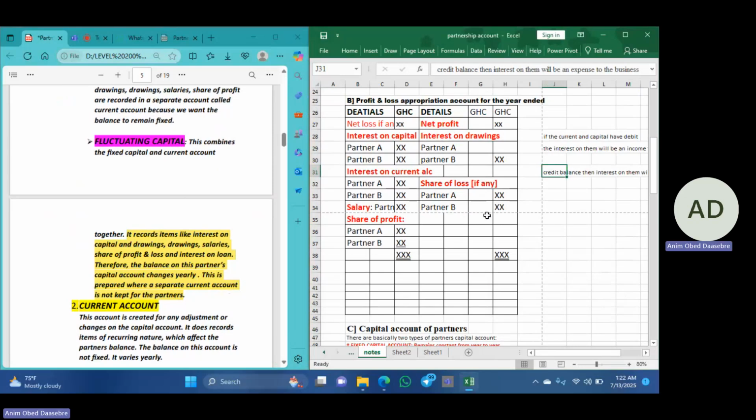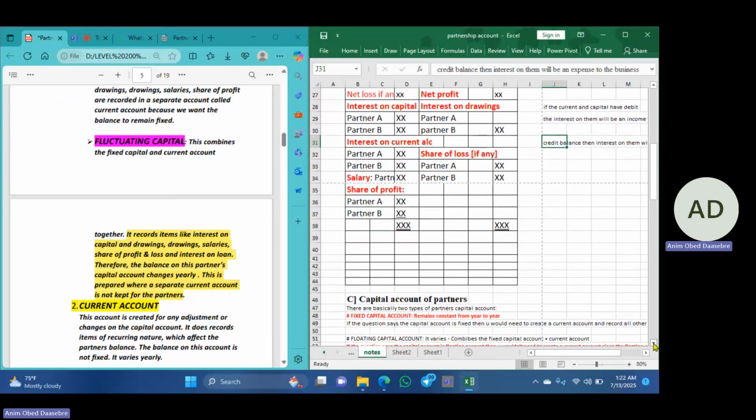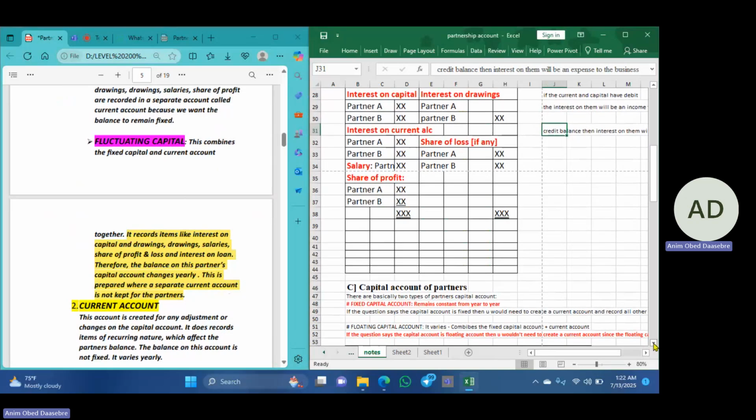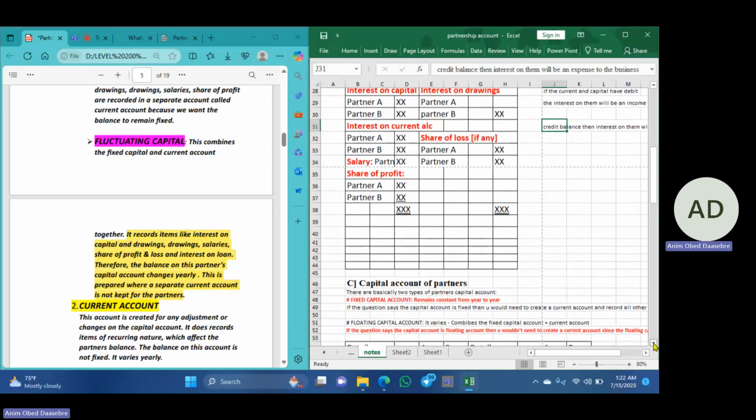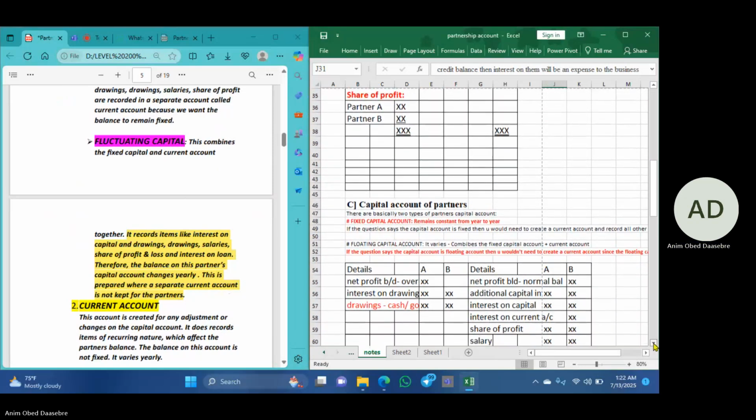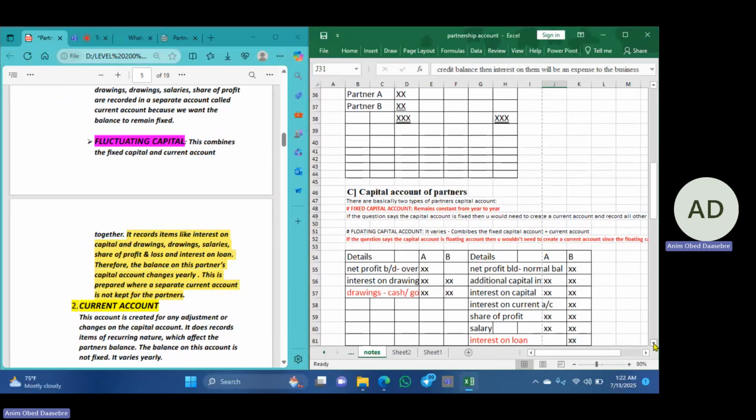And one thing that you also record in the current account is interest on loans. Interest on loans too will be recorded at the credit side of the current accounts, the credit side. Right. So, guys, this is what you need to know.